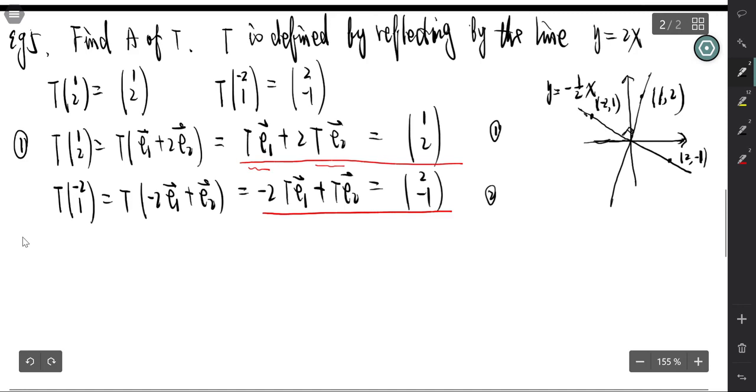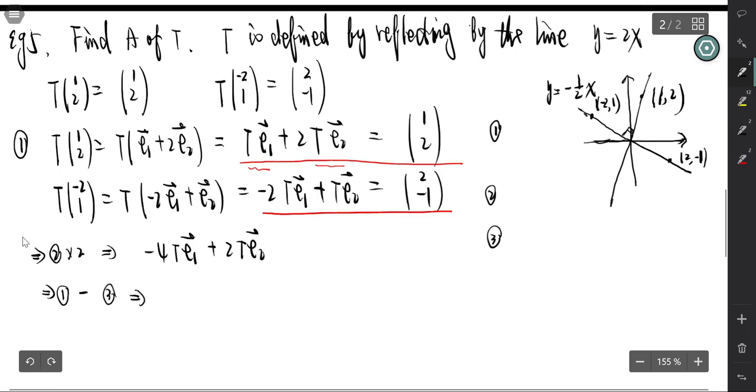First, we multiply the second equation by 2. Then we have -4 TE1 plus 2 TE2 equals (4, -2). That's the third one. Use the first equation minus the third equation.